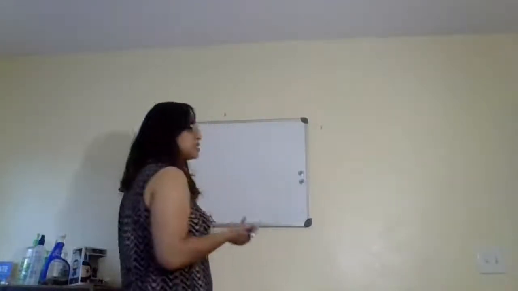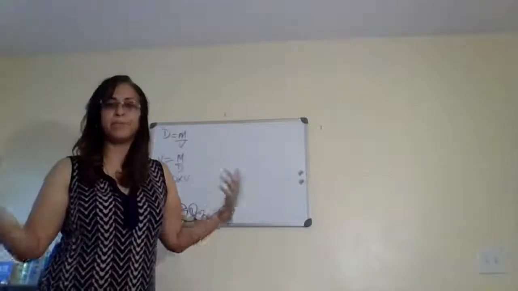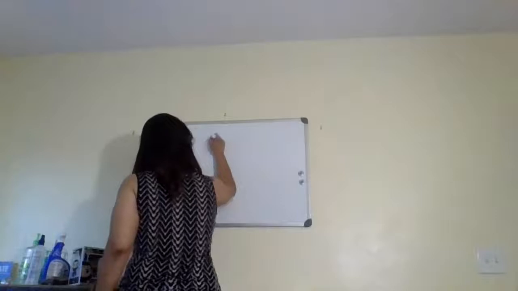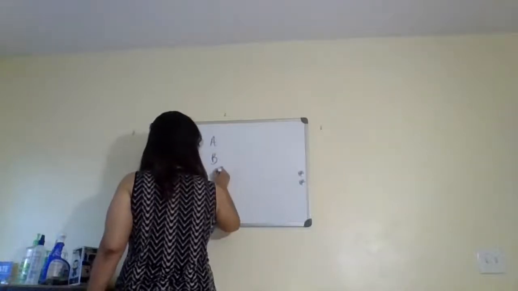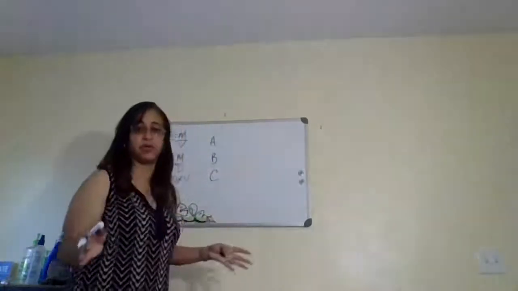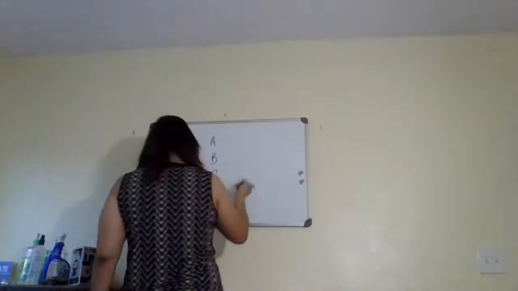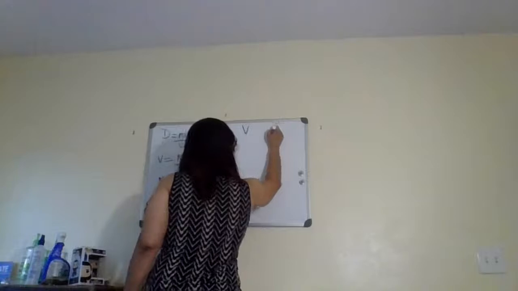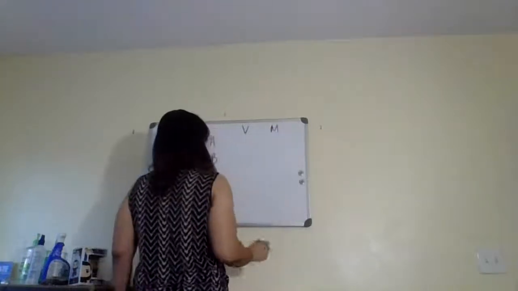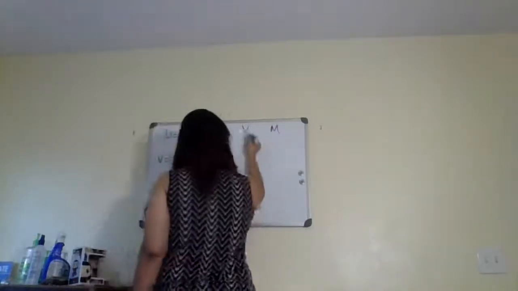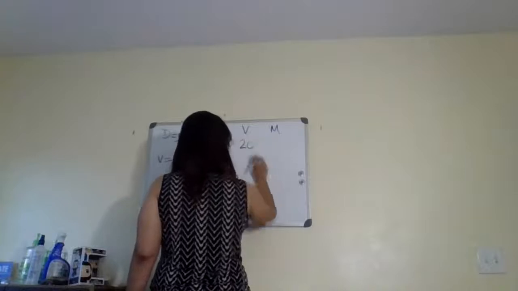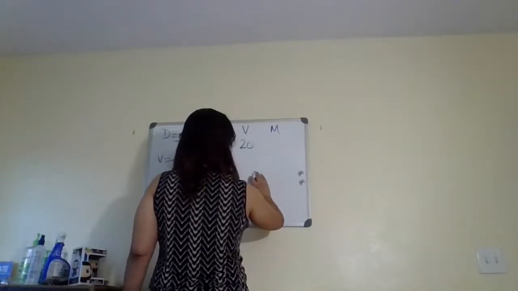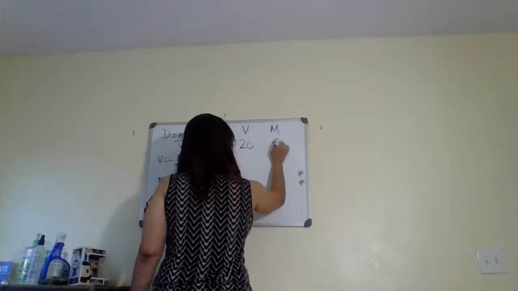Which items could be made of the same material? So let's say I have item A, B, and C, and I'm just going to make up some numbers. So we have the volume of the item and the mass of the item. So this item has a volume of 20 cubic centimeters and a mass of 5 grams.